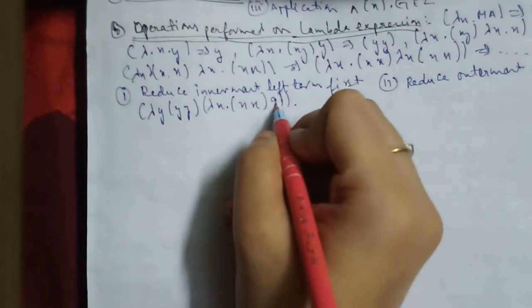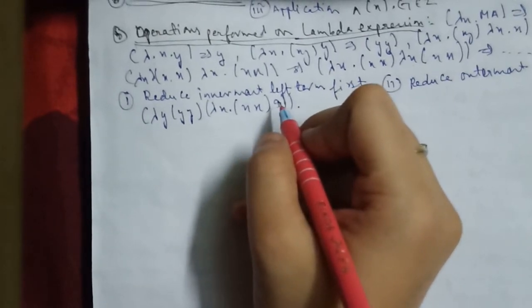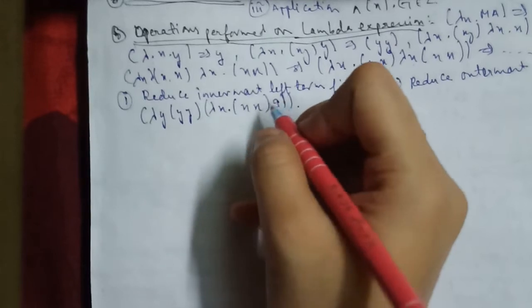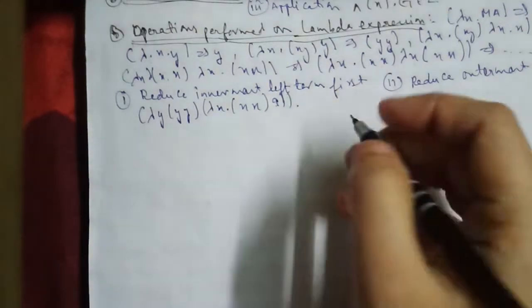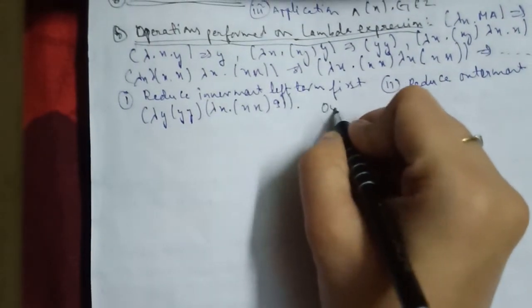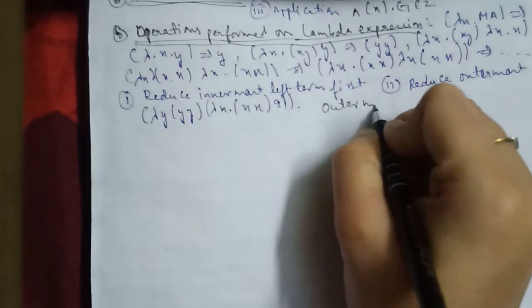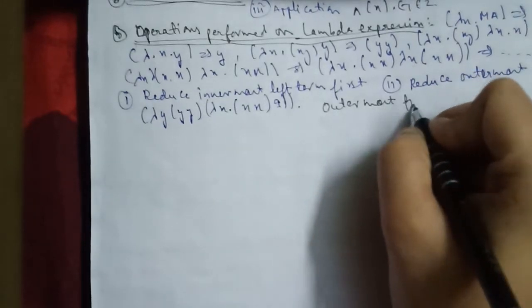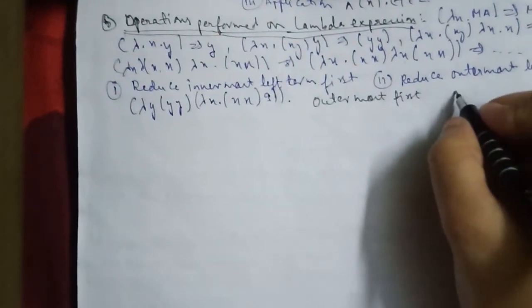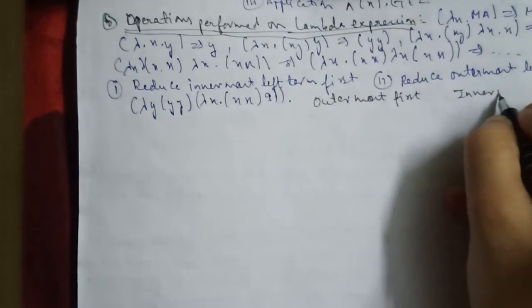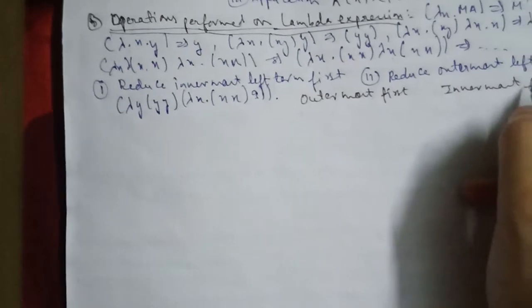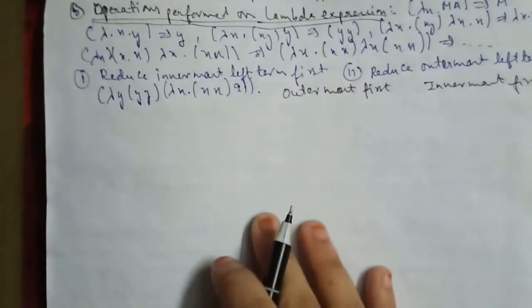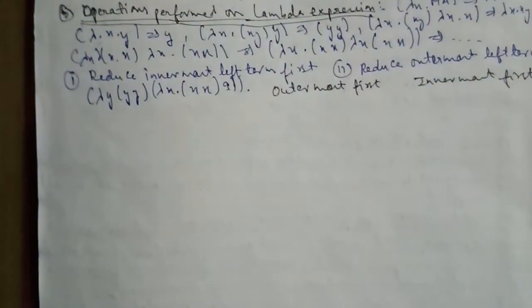This is the expression, so we'll solve it for the outermost first and the innermost first, so that you will be able to understand how to solve all these things.